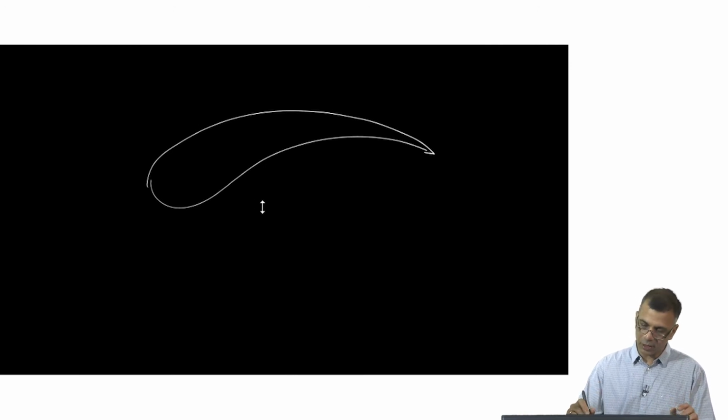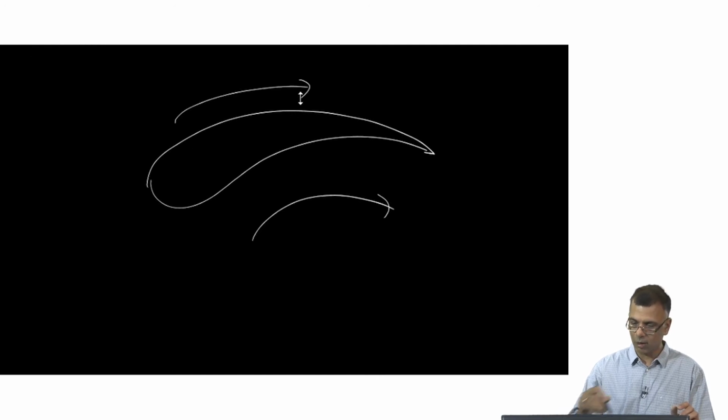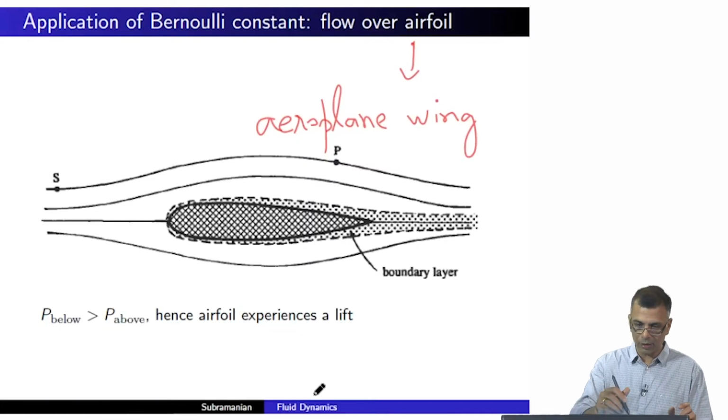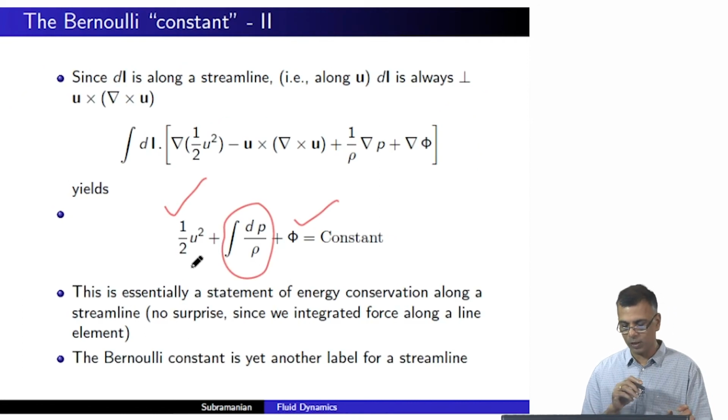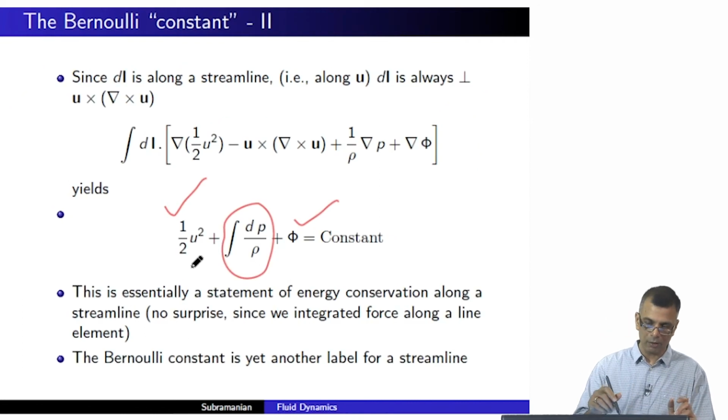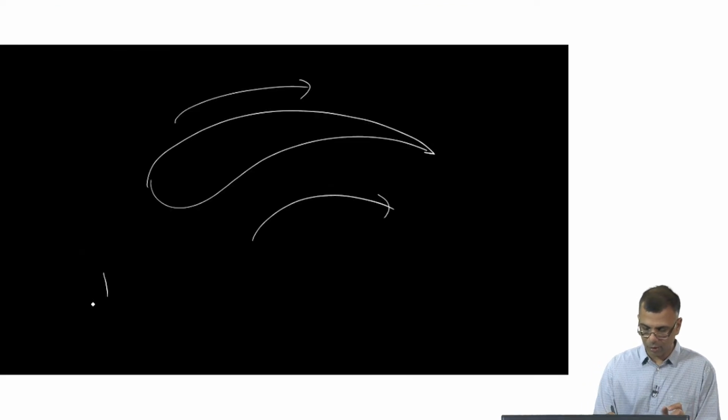The main thing is it's curved a little more here than here. Okay, it's curved a little more. And the Bernoulli constant, recall, the Bernoulli constant is half u squared plus p over rho plus phi. Okay, this is constant. So you write this down.